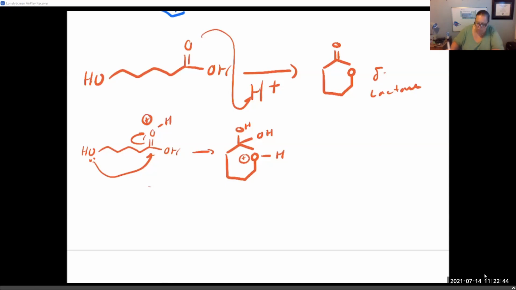What's going to happen now? Proton transfer. I'm going to form my good leaving group. It's going to look like this.